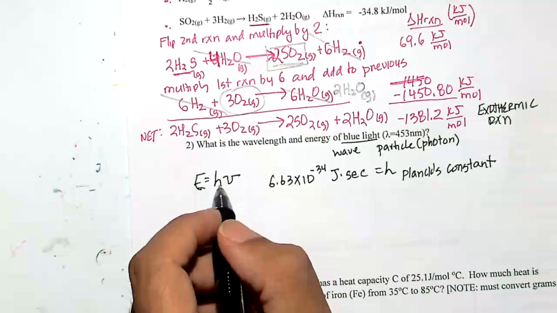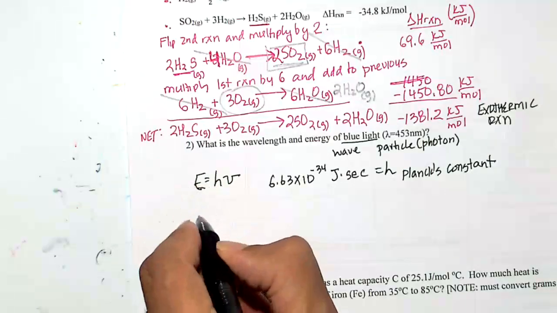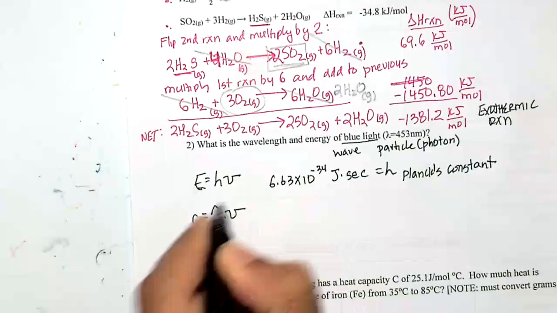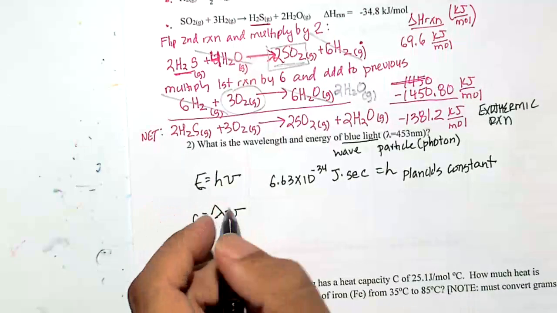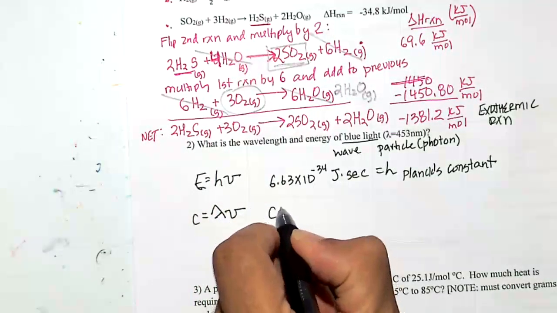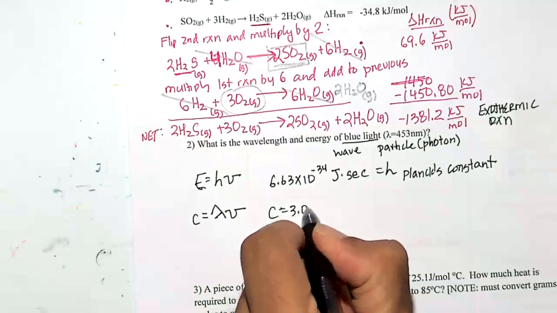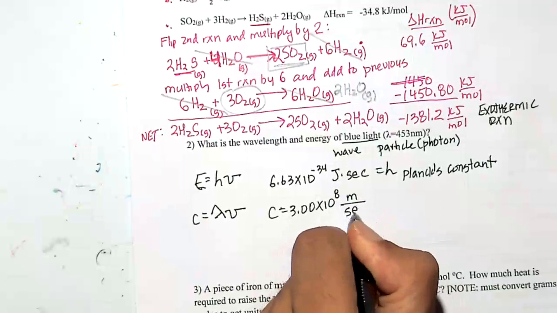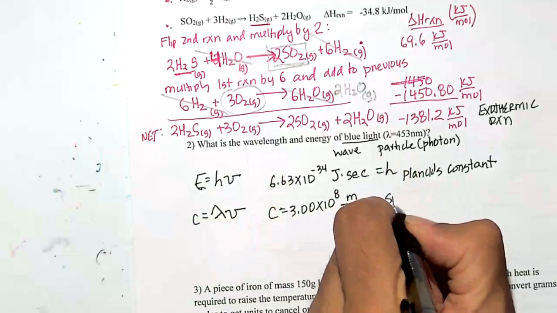E is energy, v is frequency. Another equation we need is that most of these travel at the speed of light, so c equals lambda times v. And here the speed of light is 3.00 times 10 to the 8 meters per second.